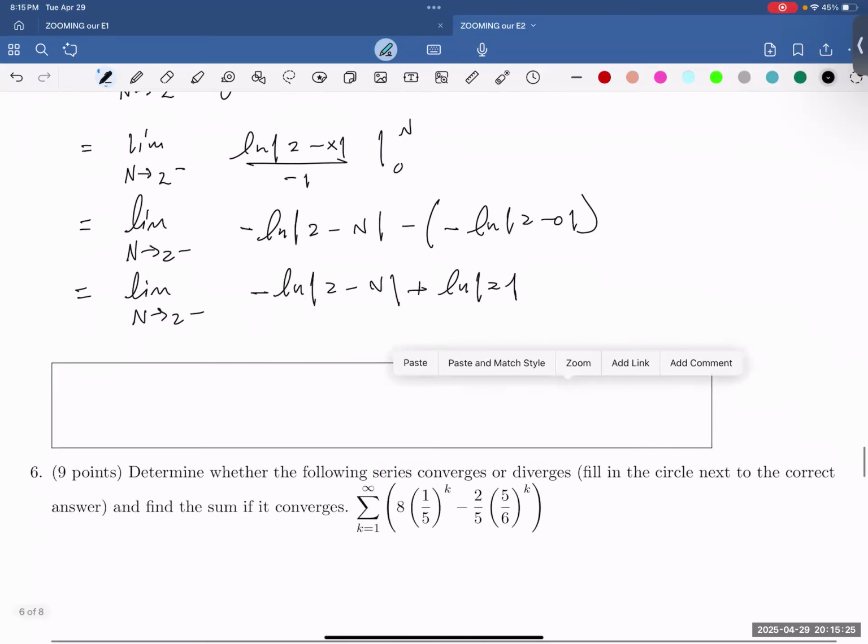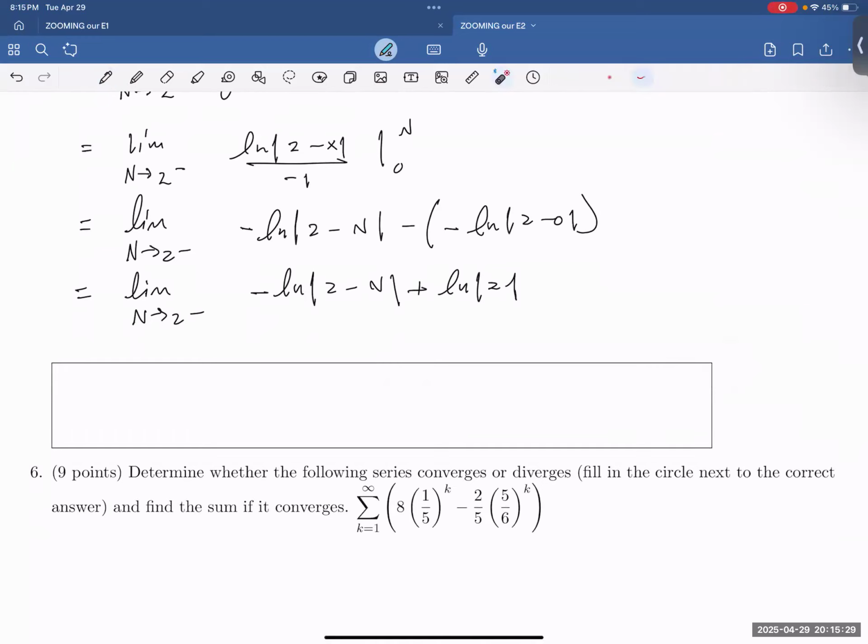All right, we're approaching 2 from the left. 2 from the left means this n is approaching 2. So let's do that. That n approaches 2. All of this then approaches 0. And it would approach 0 from the right, which matters.